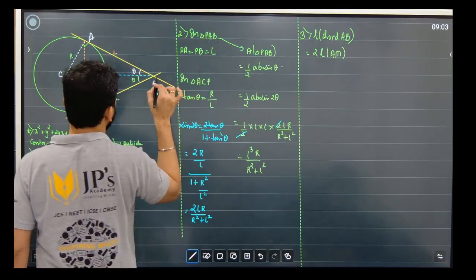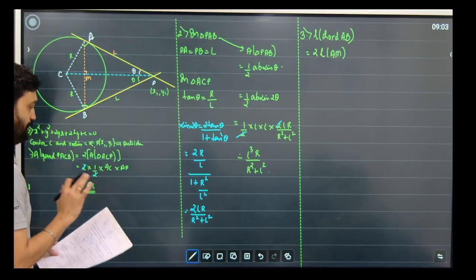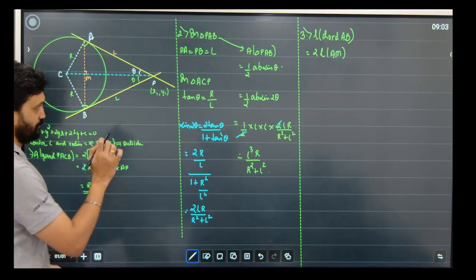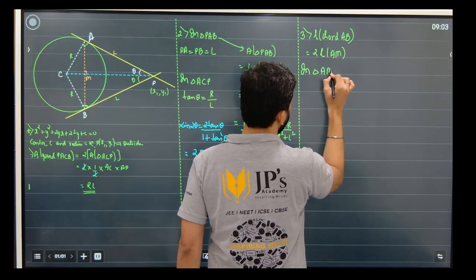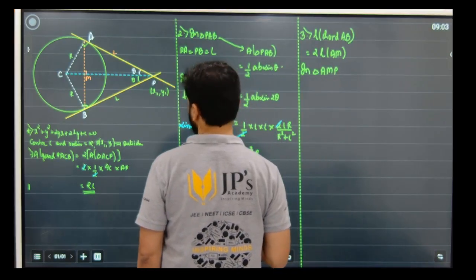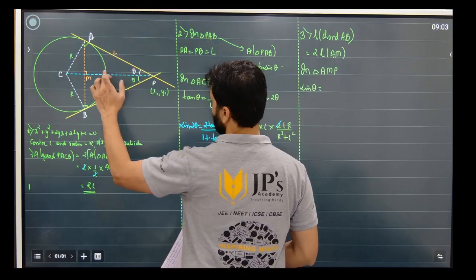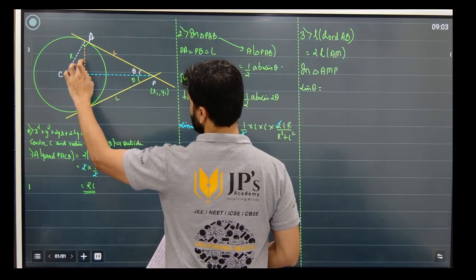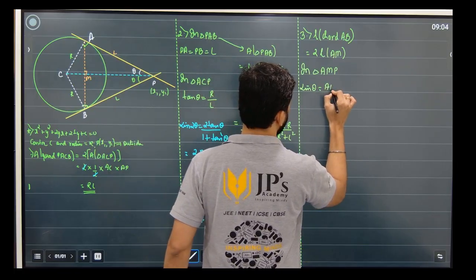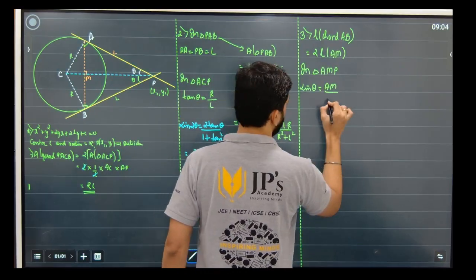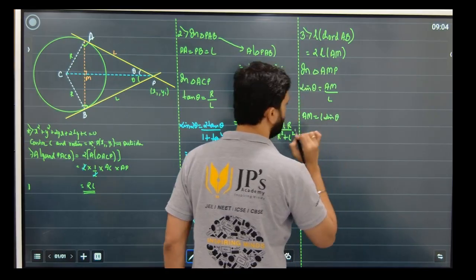Now, look at triangle AMP, whose value is given to you, which is right angled at M. I can find sin theta. Sin theta is opposite upon hypotenuse. So opposite is AM upon hypotenuse is L. So AM is equal to L sin theta.